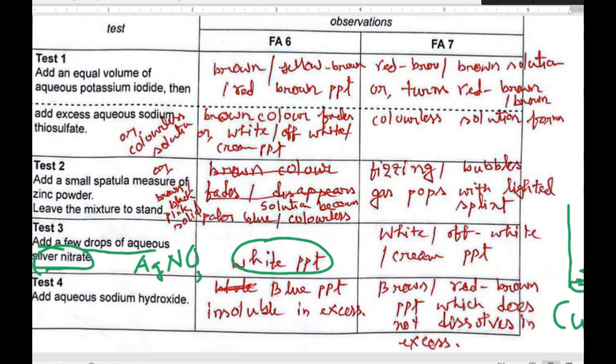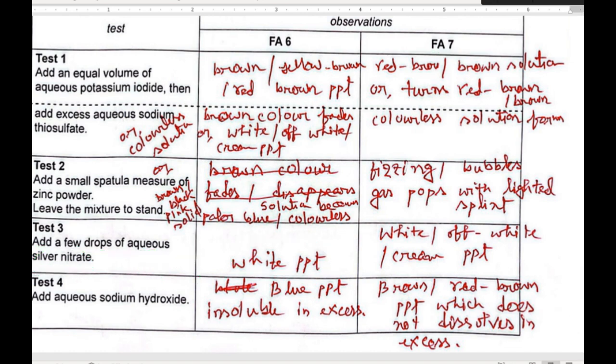Then FA7, this also you will take here, FA7, then add silver nitrate, AgNO3.